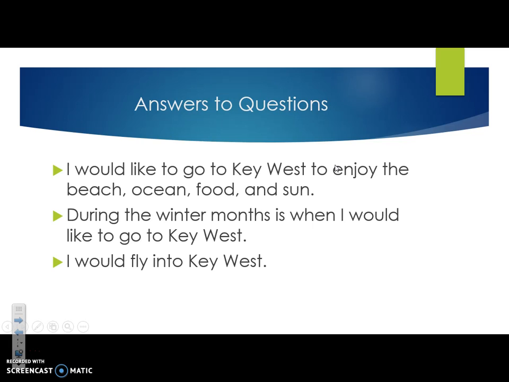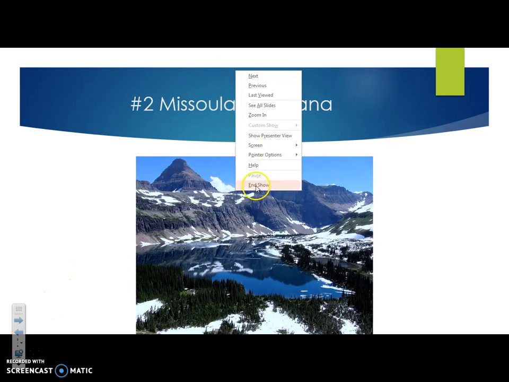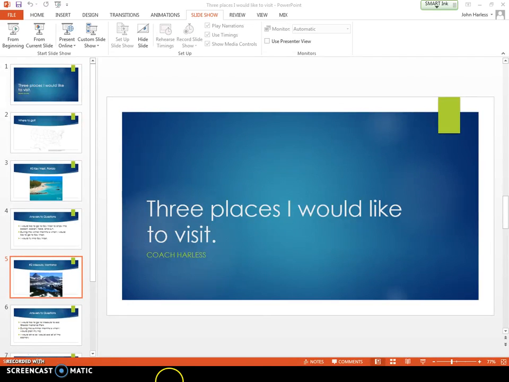Now, the next thing is, how would you get to Key West? I would choose to fly into Key West. Now, if I can get out of this real quick, I'll come back to it.